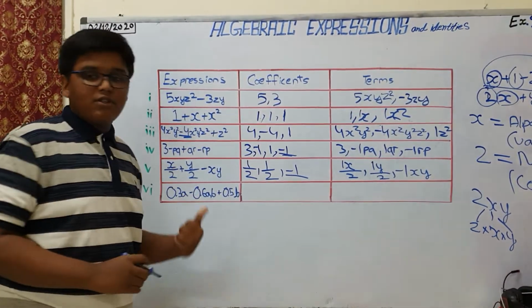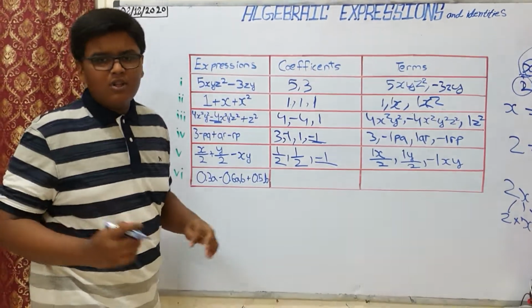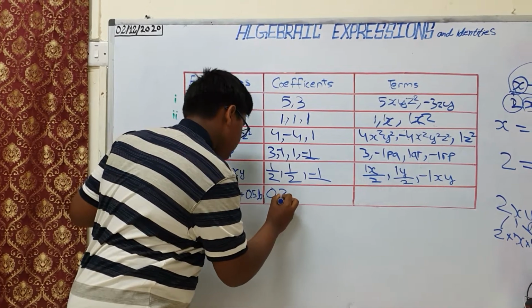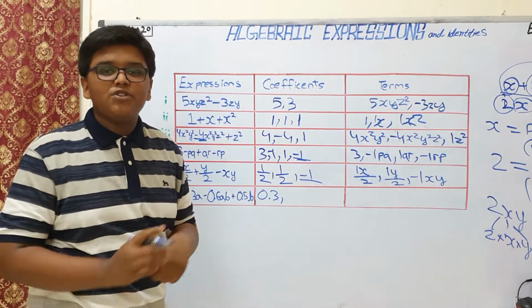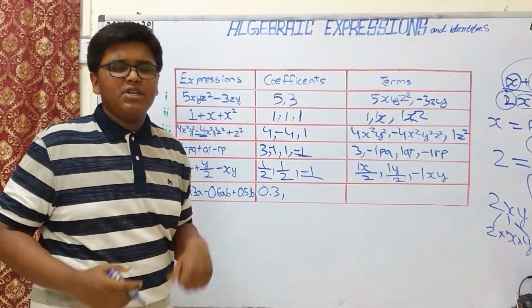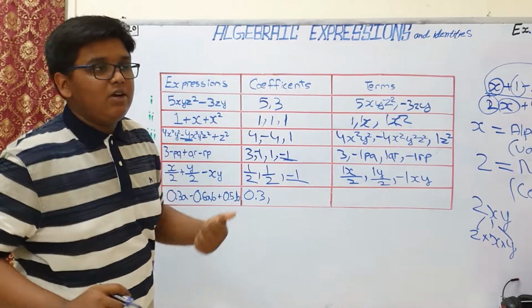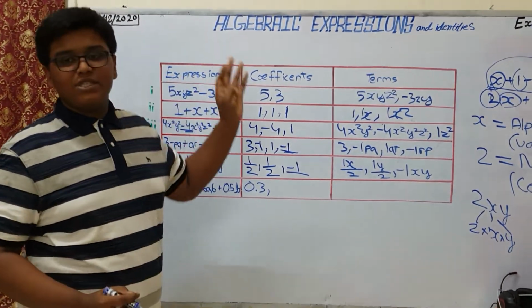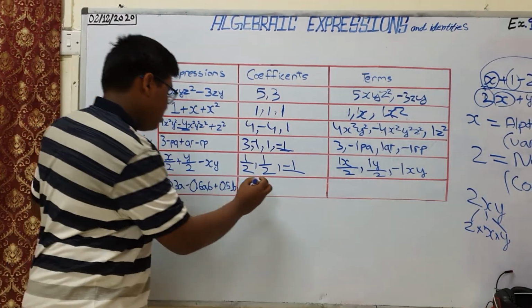And now we are going to the decimals. Decimals also have the same rule. So 0.3 is a constant, then 0.6. For decimals we don't need to convert them into whole numbers. If they are asking us to find the values, then we have to convert. Here they are just asking to differentiate the coefficients and terms, so we are not going to convert them into whole numbers.